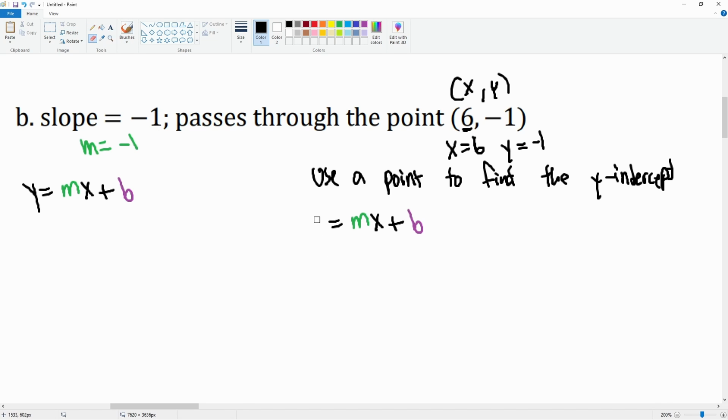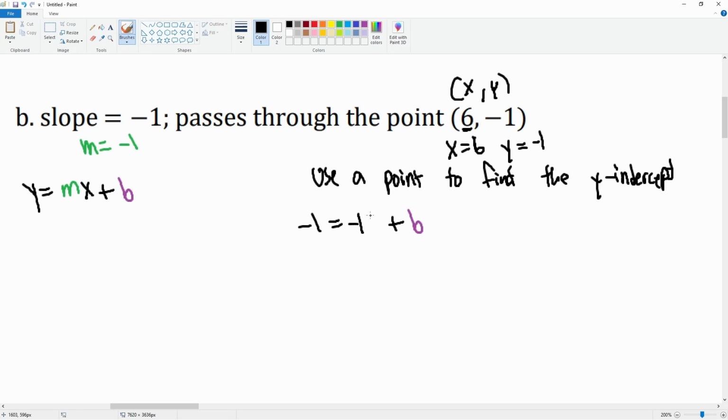The y becomes your -1. Your m, which is your slope, you got that as -1 as well. So I can just write -1 here. And then your x, which is 6.